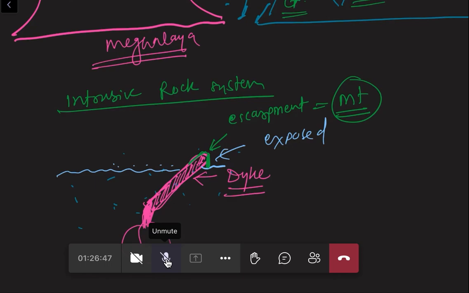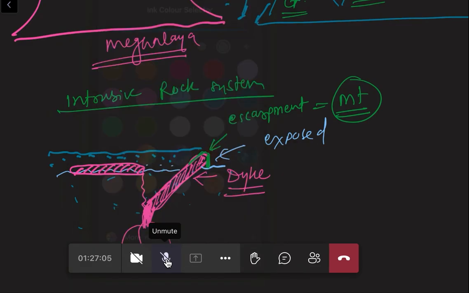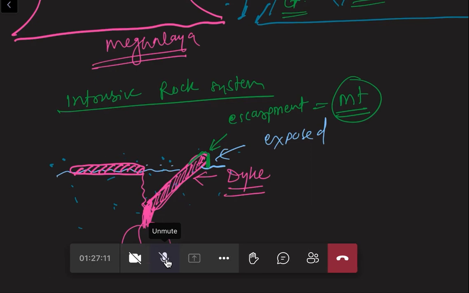What is a sill? Suppose this magma is coming out and the magma spread horizontally. There was a rock structure above it. Now the magma spread horizontally, and then later on what happened? Erosion, and again this area gets eroded, and this sill is exposed.